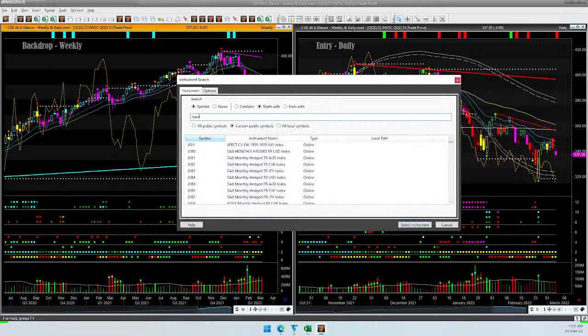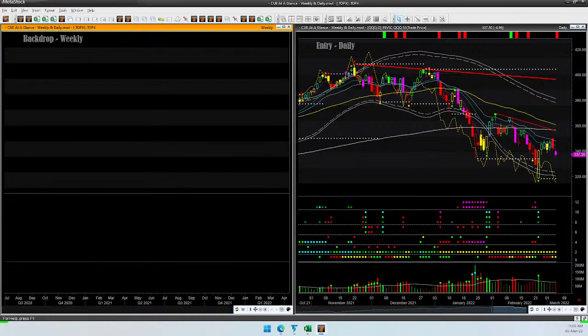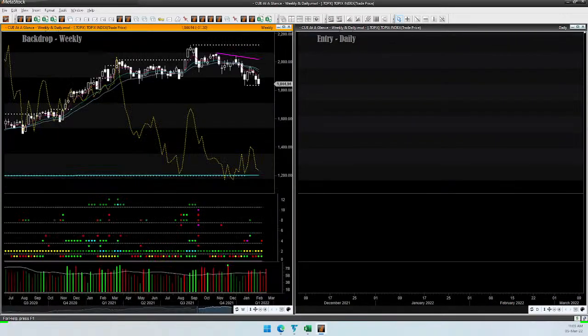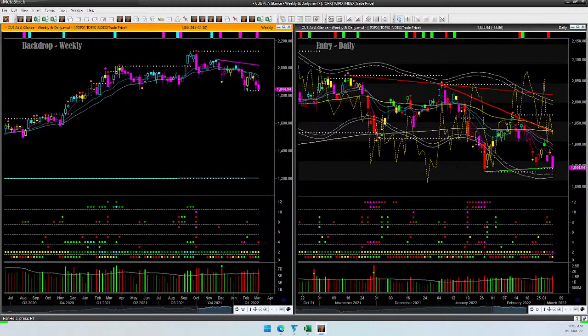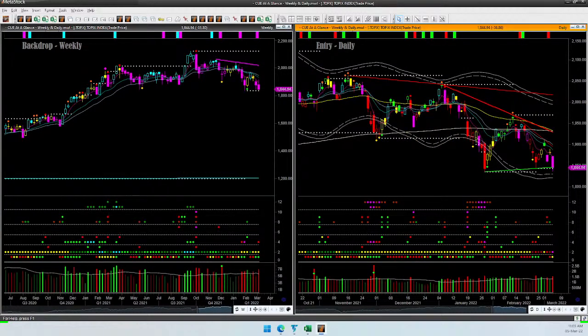Change the symbol to Topix index. And I'm going to remove the relative performance because now we are studying the indices. We don't use relative performance for that.